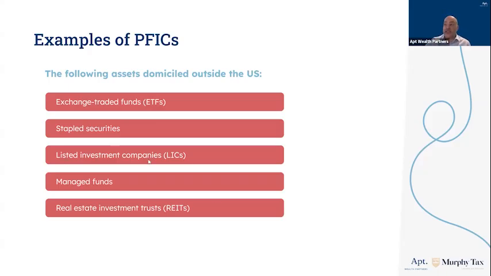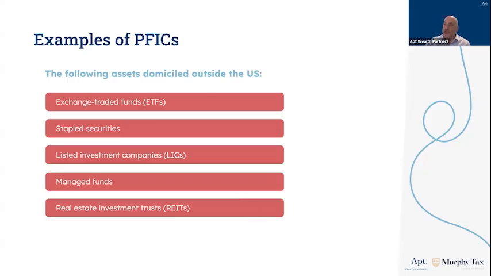Listed investment companies, where Australian examples are Argo and Australian Foundation Investment Company, the two biggest. Managed funds, or mutual funds as they're known in the US, or real estate investment trusts, or REITs as they're known, and that's companies like Dexus or Goodman Group in Australia.